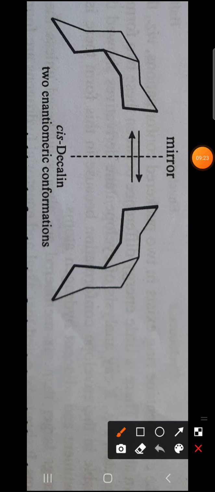They are interconvertible cis decalin by flipping. They are the two forms of cis decalin, and both are mirror images of each other. That's why we will call them enantiomers.